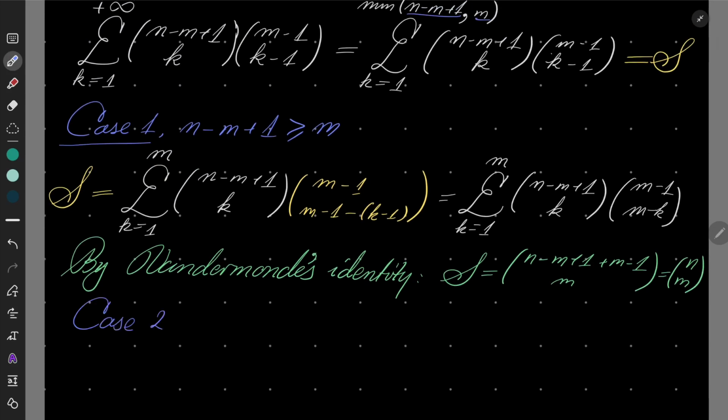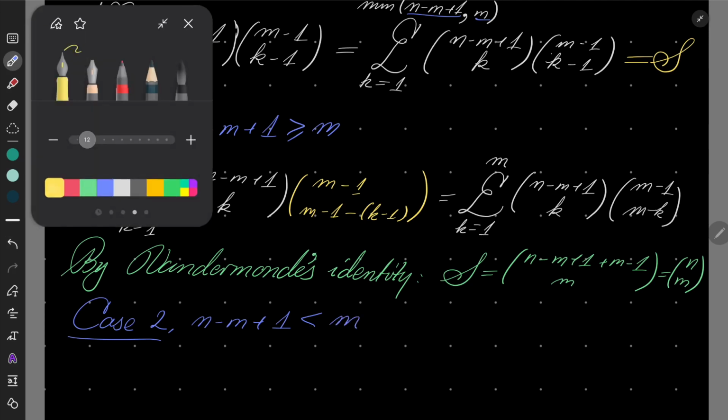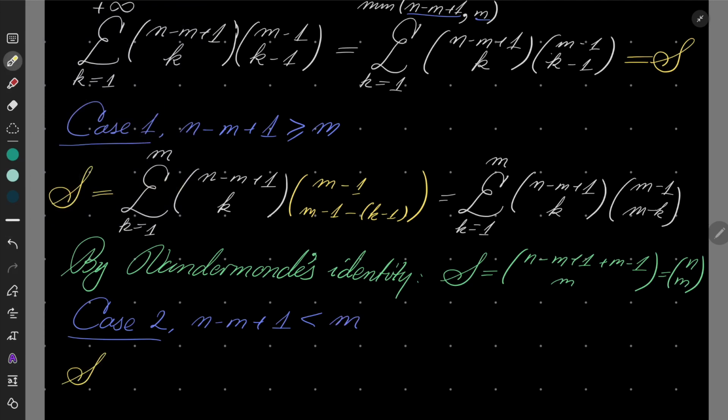And the second case will be very similar. Case number 2, when n minus m plus 1 is strictly less than m. Then our sum runs from k equals 1, now only to n minus m plus 1, of (n minus m plus 1 choose k) times (m minus 1 choose k minus 1).